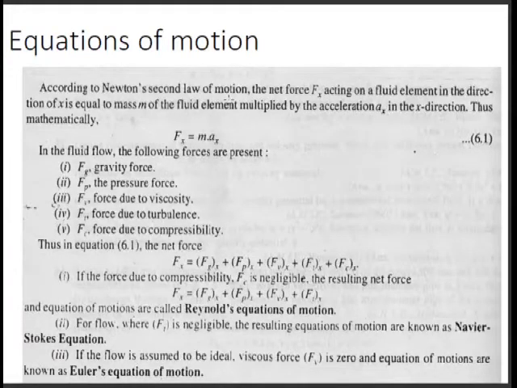Then the force due to viscosity, Fv. Next, Ft means force due to turbulence. And the last force acting on the fluid element during fluid motion is Fc, the force due to compressibility. All these forces are acting on the fluid element during the fluid flow.